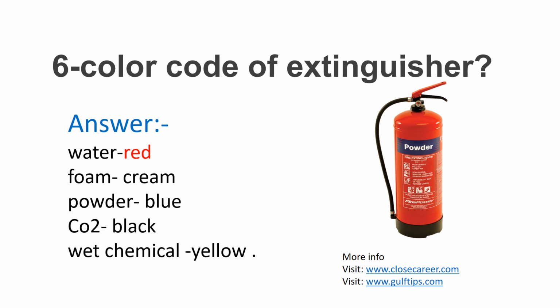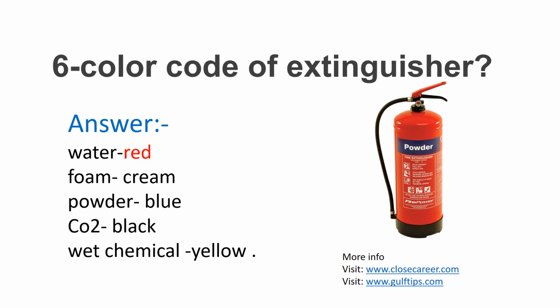There are 5 types of fire extinguisher in different colors. You can identify the fire extinguisher in case of fire because of the color coding. Water in a red color, foam cream color, dry powder blue color. Here is the picture, and CO2 black color, wet chemical yellow color.